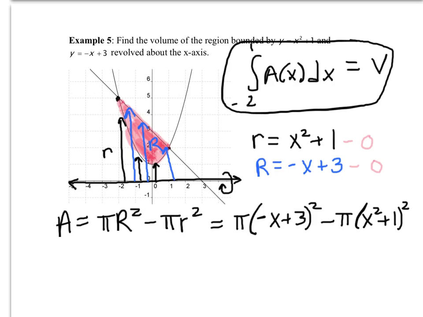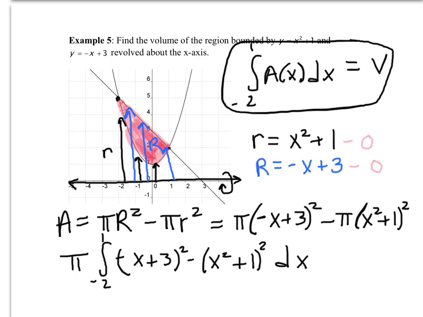I keep reminding you guys that the square on the outside does not distribute. However, since both quantities have a pi associated with them, we can pull the pi to the front of the integral, from negative 2 to 1, of negative x plus 3 quantity squared minus x squared plus 1 quantity squared. If you were to do this by hand, you would have to FOIL out each of these binomials, combine like terms, and then find the antiderivative that way. But again, at this point, I'm most concerned about the setup of the integral.